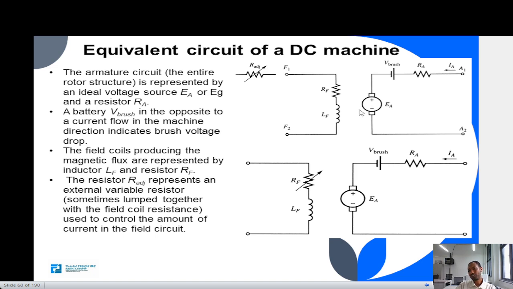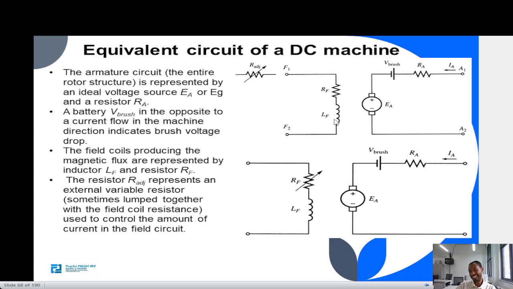And when you come to the stationary part, the field winding, we have a coil, which is represented with LF, and we have the resistance of the coil RF. When you compare the number of turns and the cross-sectional area of the field winding with the armature winding, this has a significant effect.